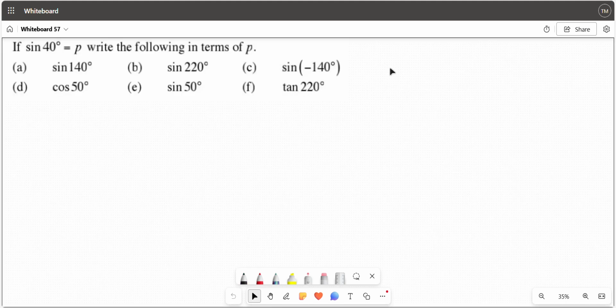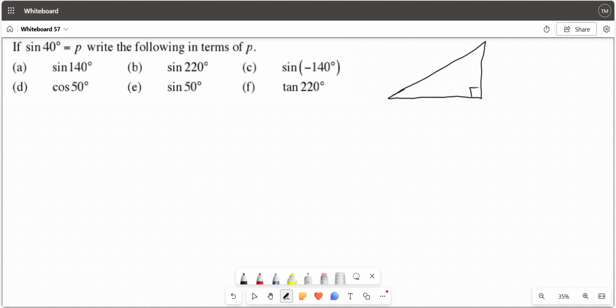Alrighty, so in this example, we're given that if sine 40 degrees is equal to P, write in terms of P what sine 140 is, what sine 220 is, and what all the others are. So again, we need to represent that ratio onto a triangle.